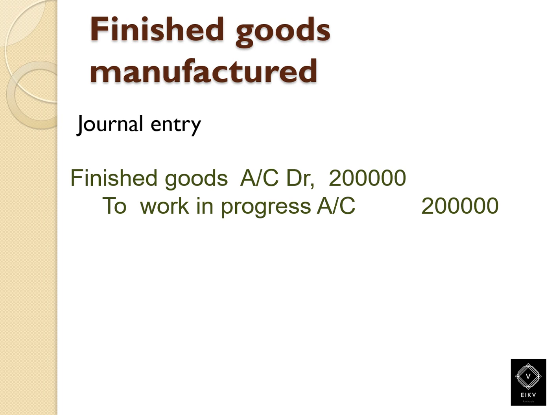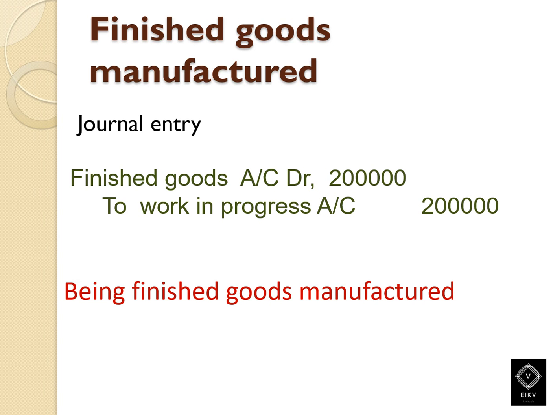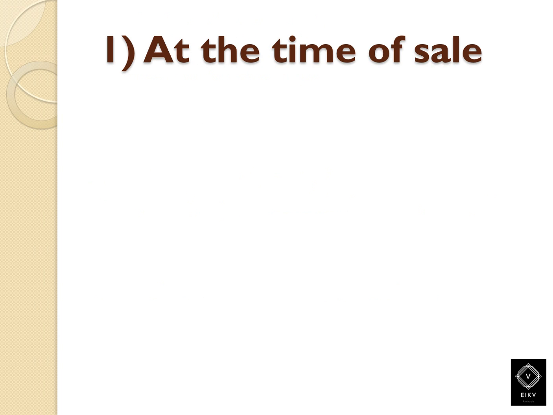At this point, finished goods has been made, so finished goods should be increasing, right? Finished goods is also a current asset, right? We will credit the work in progress account because there is no more work in progress. The material has been changed to finished product. So the narration will be: being finished goods manufactured.